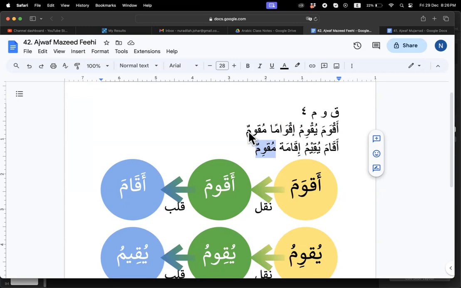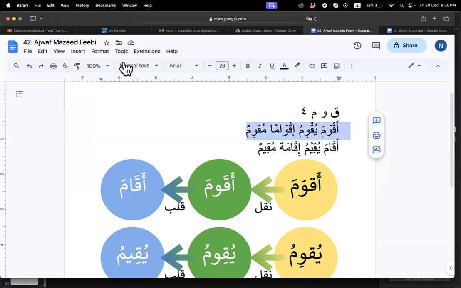Yuqawimu, muqawimun, right? Exactly the same except for the ya and mim. So what happened is basically the same. You do naql first. So qaf gets a kasra, waw gets a sukun, and then change it to ya, muqimun.